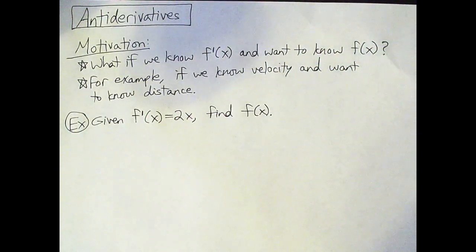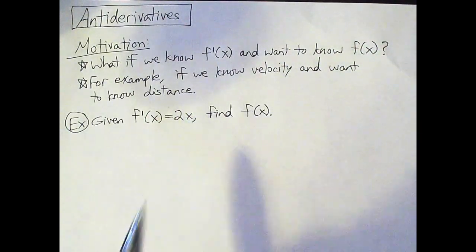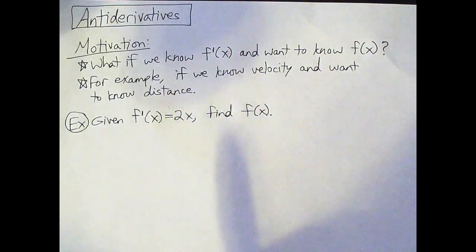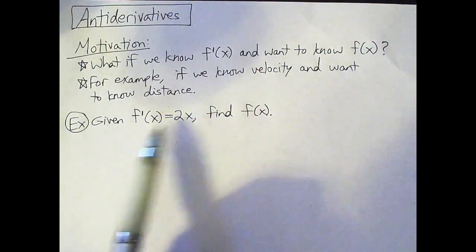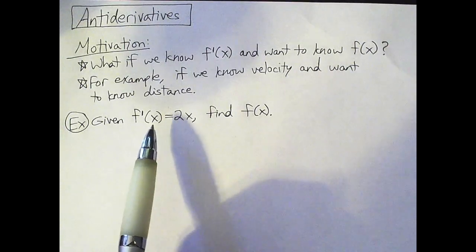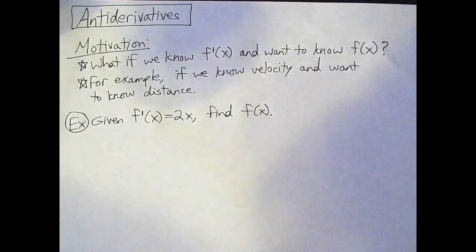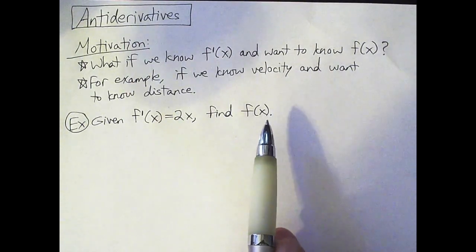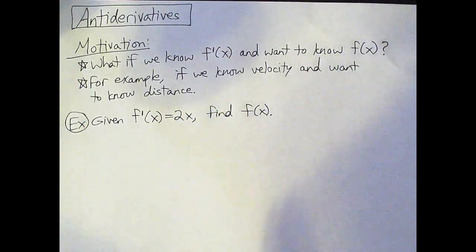Well, the answer is not 2 because 2 would be f prime prime. It would be the second derivative. So we don't want to do that. We don't want to take the derivative of this. We want to think the other way around. So it's like, well, what function would have this as its derivative?